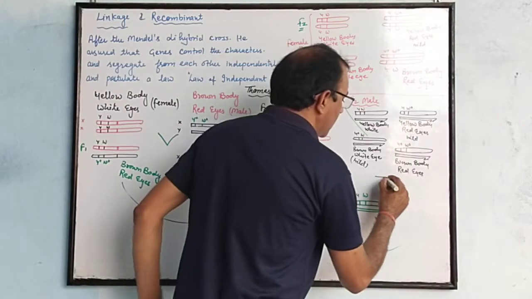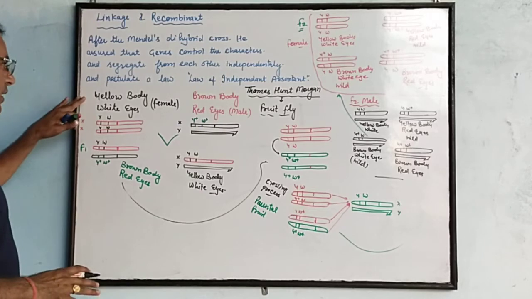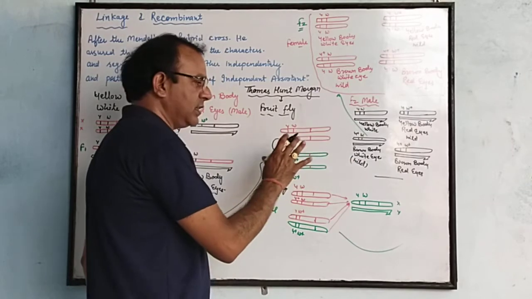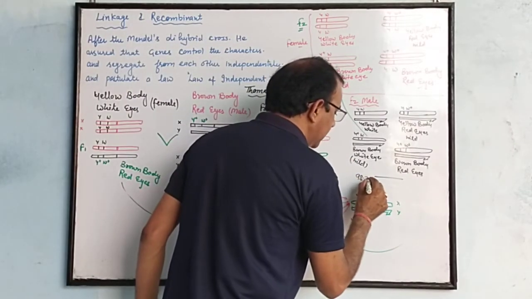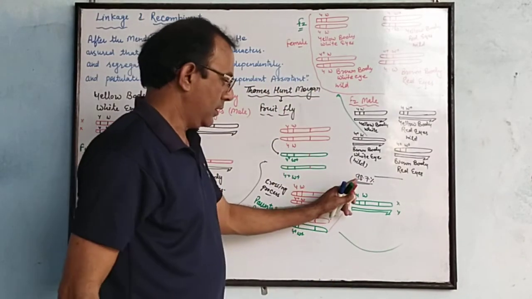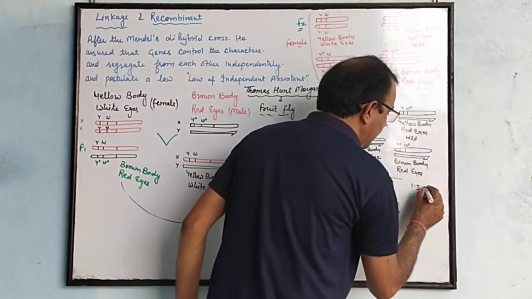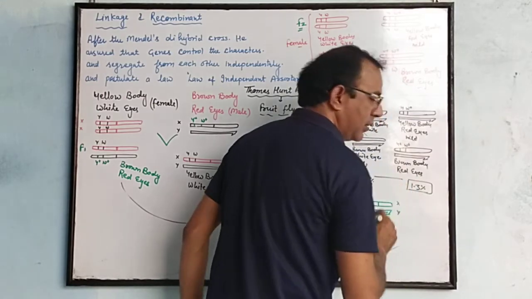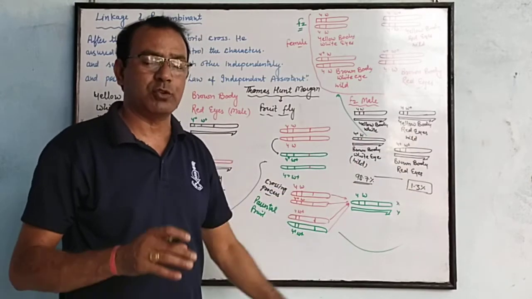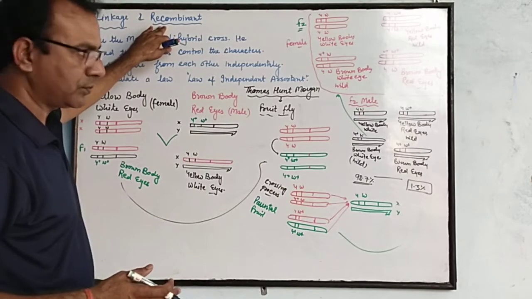Thomas Hunt Morgan crossed fruit flies, yellow body, white eye with brown body, red eyes. In the F2 generation, he saw that 98.7% of the progeny resembled the parents, but 1.3% of progeny were recombinant, non-parental, meaning they do not match the parental types.